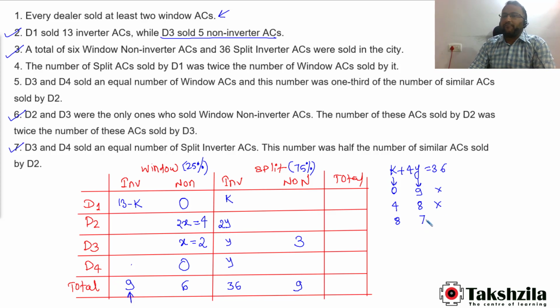The next possible value, if the value of Y is equal to 6, 4 times 6 is 24. 36 minus 24 is equal to 12. The value of K becomes 12.